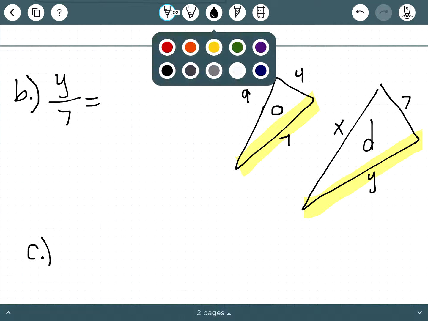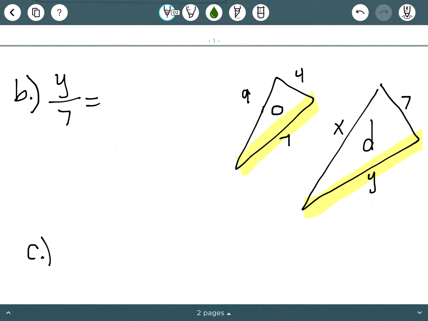let's just use the side that they give us. So let's use that 7 and the 4 again. So we're going to do dilated over original.